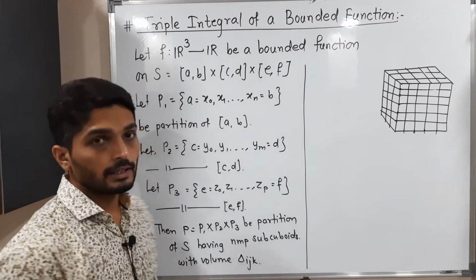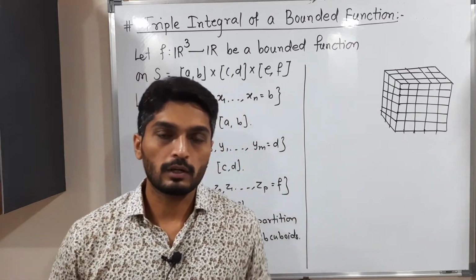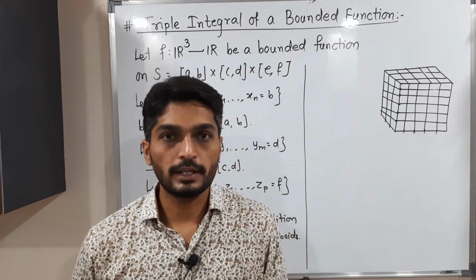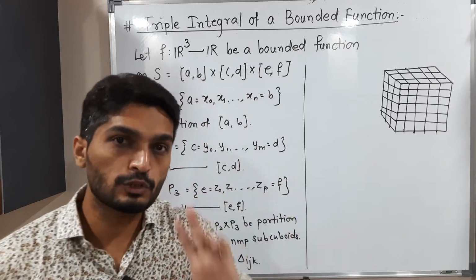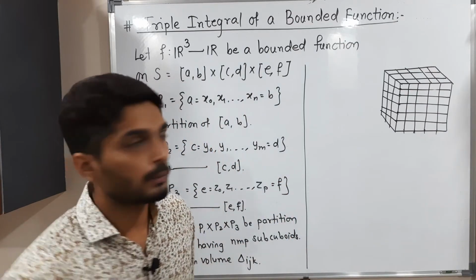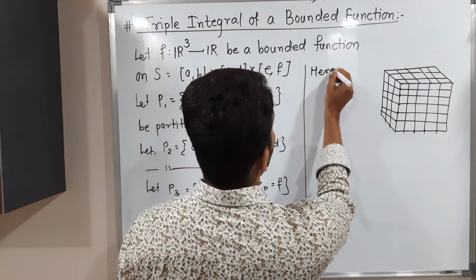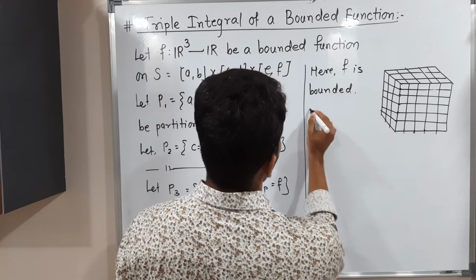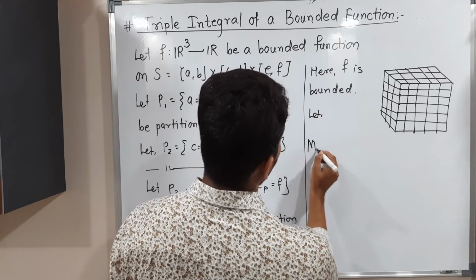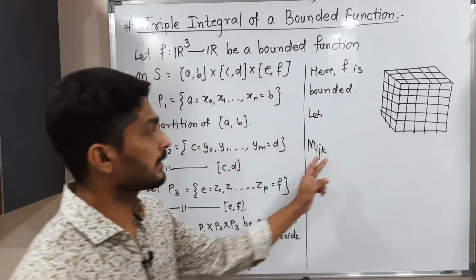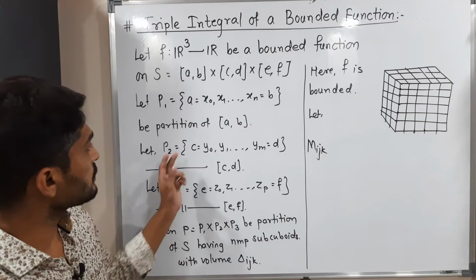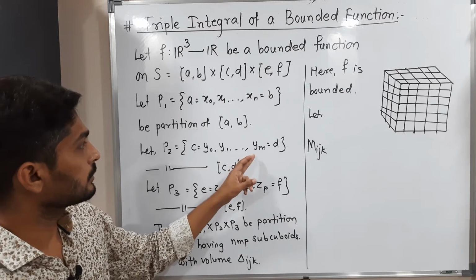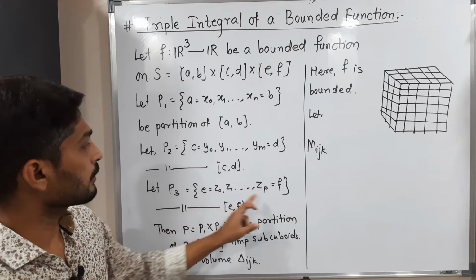See, after taking a partition, obviously we go for the supremum and infimum. The function will have a supremum value at some point and a minimum value over each cuboid. This is possible because f is a bounded function. Here f is bounded, this is a very important thing. So capital Mijk, i running from 1 to n, j running from 1 to m, and k running from 1 to p.